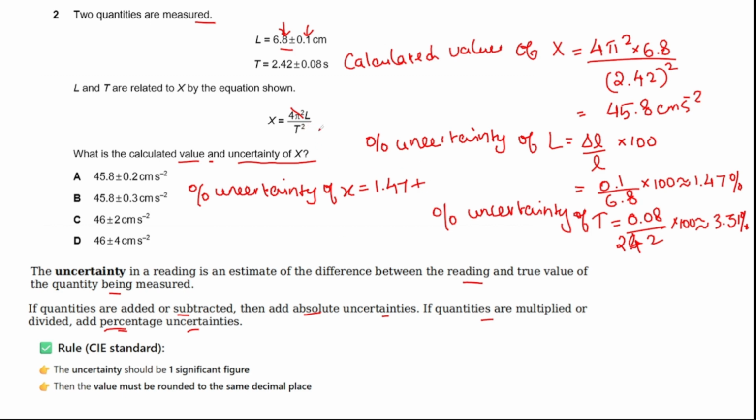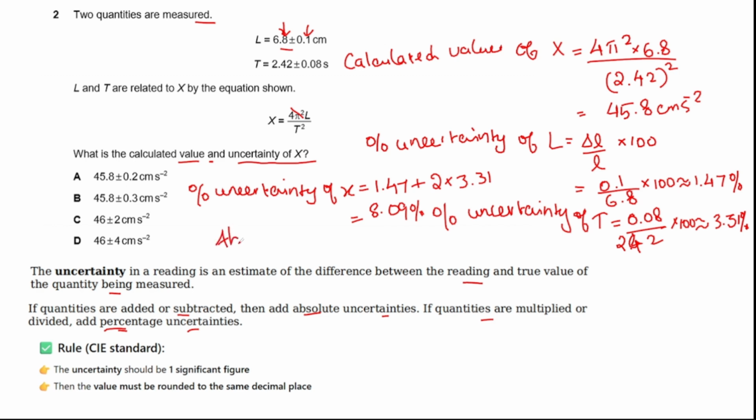Here there are two T values, so adding it 2 times or multiplying by 2 are both the same. So the percentage uncertainty is 8.09 percent.